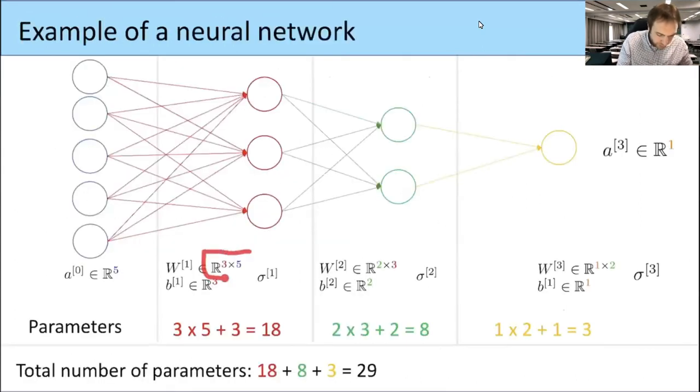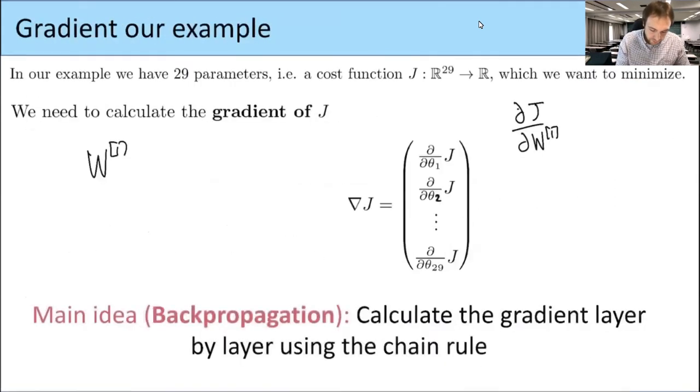W1 was a 3x5 matrix, so these are 15 numbers. Somehow the first 15 entries in this vector correspond to the entries in this W1. Therefore, instead of thinking of this as being a part of this vector, we can also think of it as being a matrix, here of size 3x5.